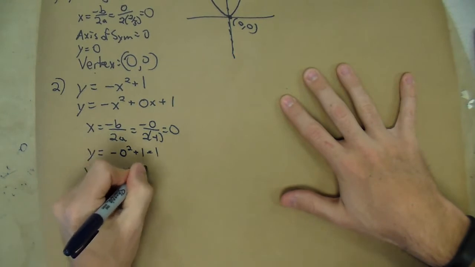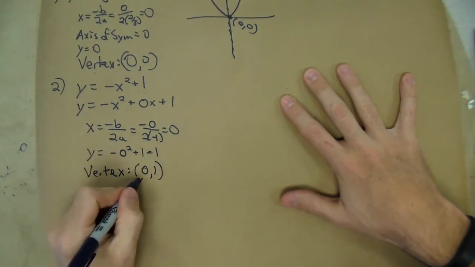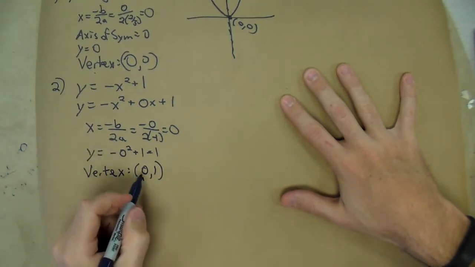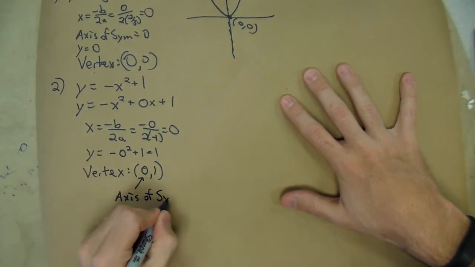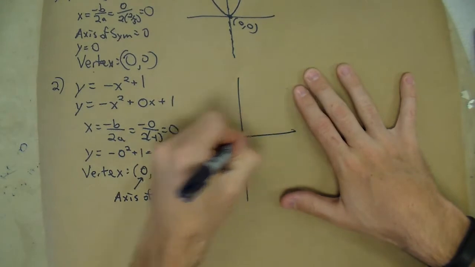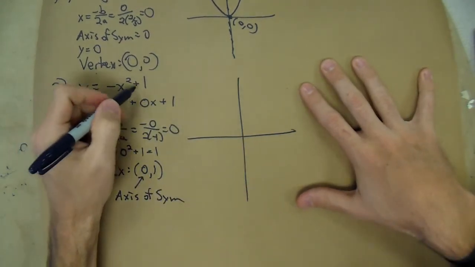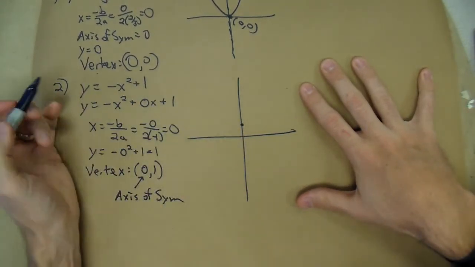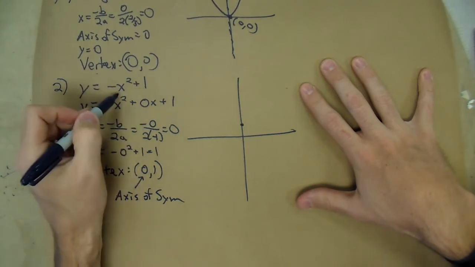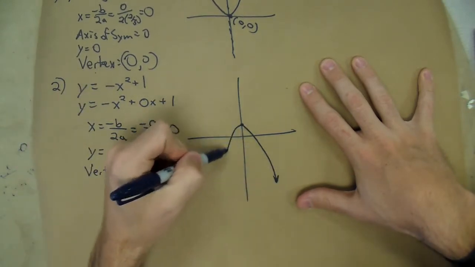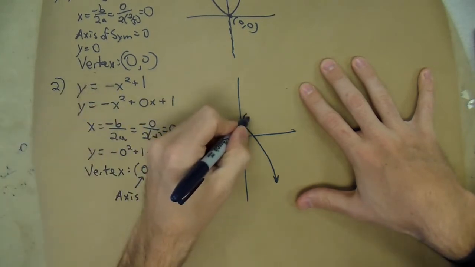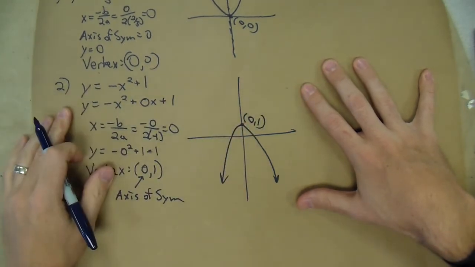So our vertex is at 0, 1. And you should hopefully notice by now your axis of symmetry is the x value in the vertex. So here, we have negative x squared plus 1. We're at 0, 1, so we shifted up 1, but also with the negative, it's pointing down. So the parabola would look like so.